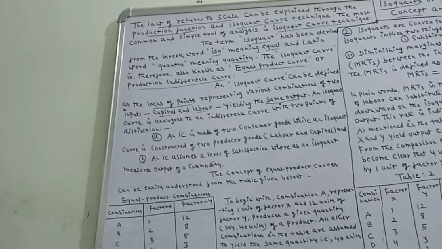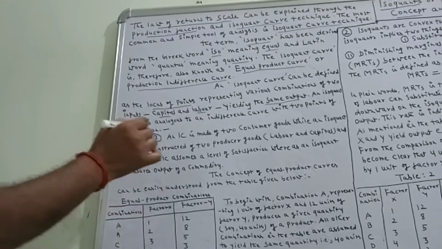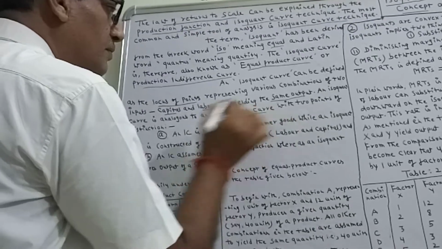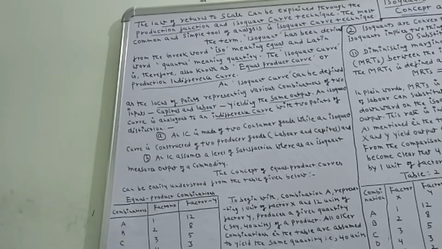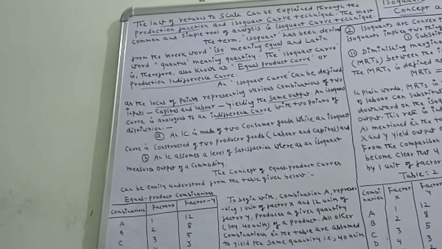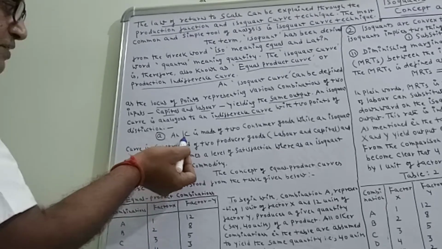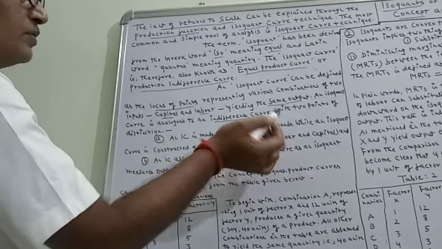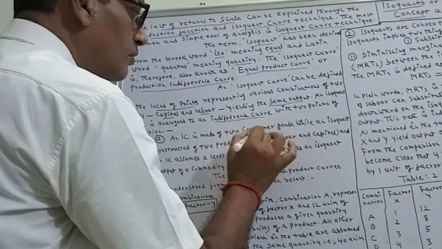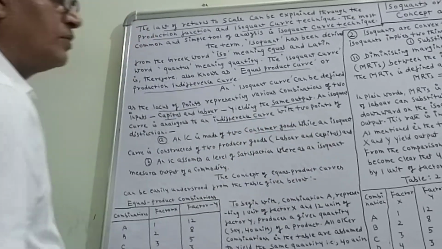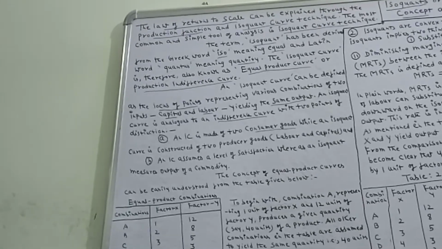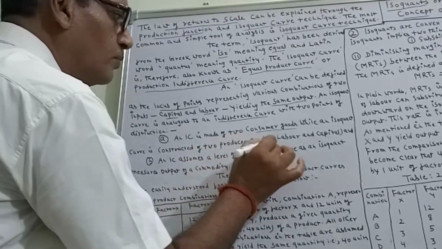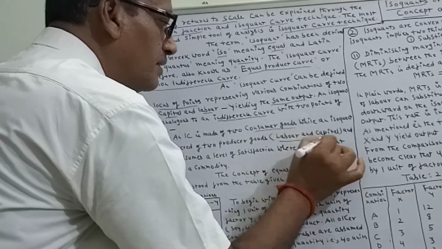An isoquant curve is analogous to an indifference curve with 2 points of distinction. First, an indifference curve is made of two consumer goods, while an isoquant curve is constructed of two producer goods, say labor and capital.